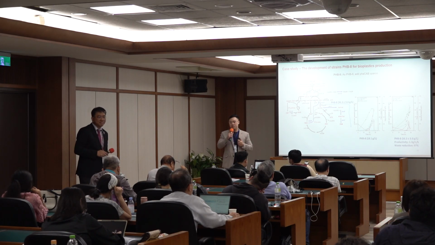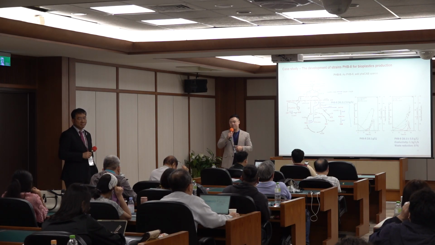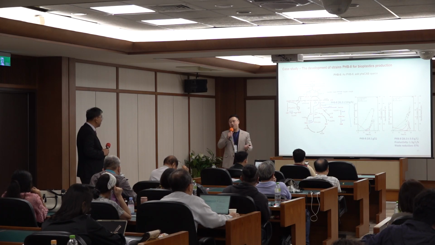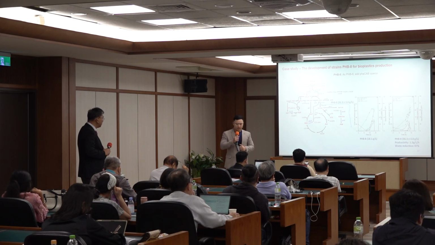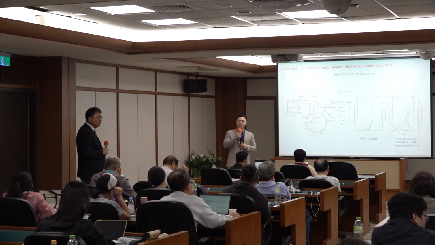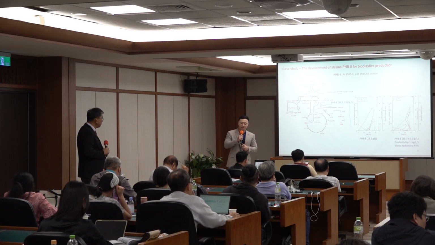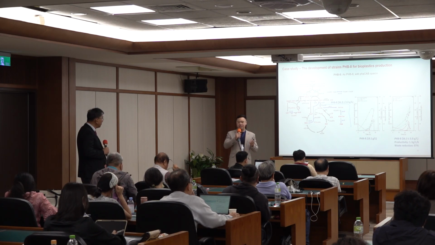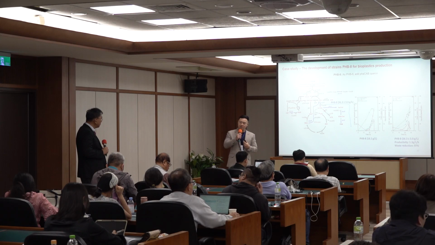So that is the challenge. We need to utilize as many kinds of feedstock as possible. We cannot rely on just one single feedstock, like crude glycerol. The professor also suggested that 0.3 grams per gram is a very low yield. Yes, I already know that 0.3 is very low.